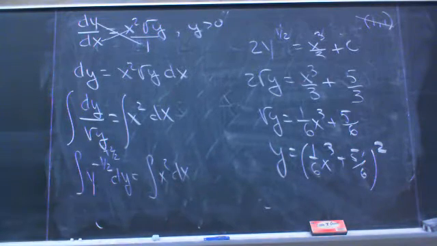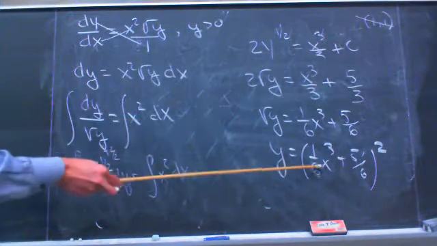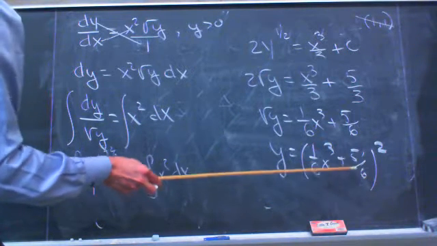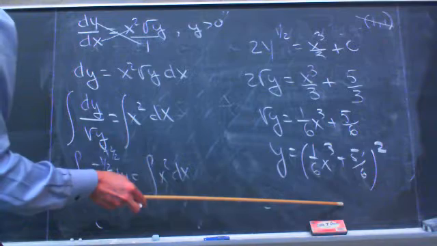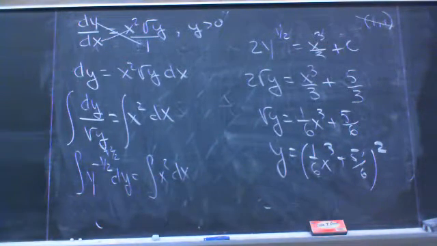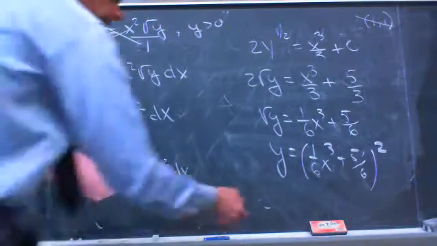And you can see if you're right, because if x is 1, you get 1/6 plus 5/6 is 6/6, which is 1. And 1 squared is 1, and you need to get back that y value. So you can always see if you're correct. All right? So just some more examples.